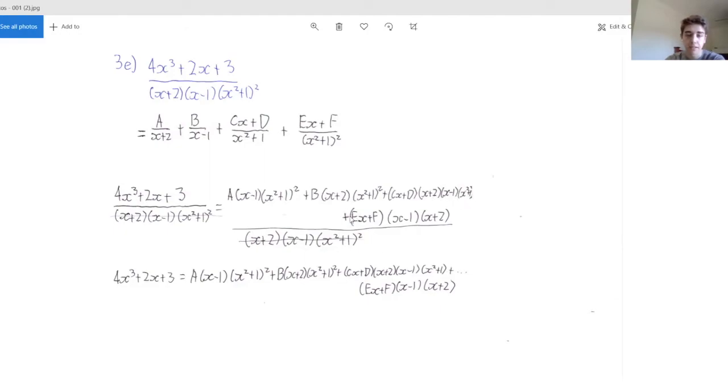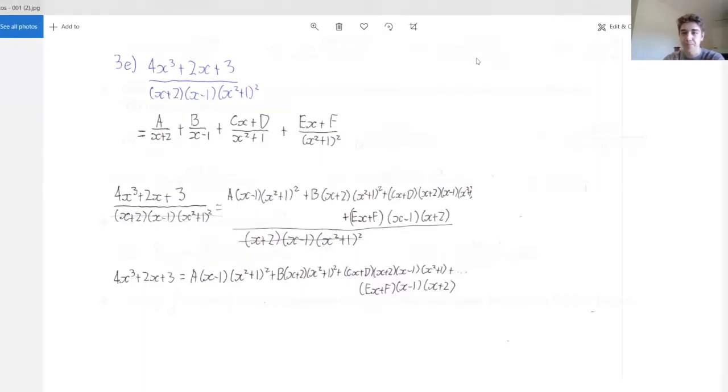And then finally, plus Ex plus F times x minus 1, x plus 2. And that'll be over x plus 2, x minus 1, x squared plus 1 squared, our common denominator. Now, because both sides have that same denominator, we can just get rid of it and express it as follows here. Now, the question doesn't ask us to find the constants, so we can leave our answer here.